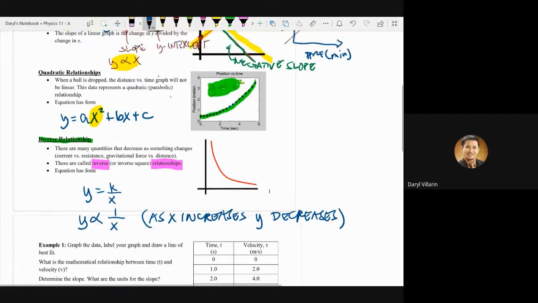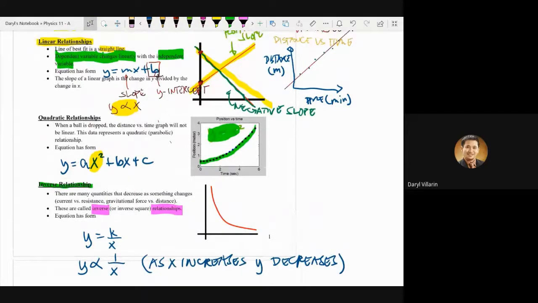Well, these are just some of the common relationships that you will be encountering, especially the first one and the second one, because when we talk about projectile motion and freely falling objects, the motion of those follows a parabola. If you graph the position against time, it's a parabola.